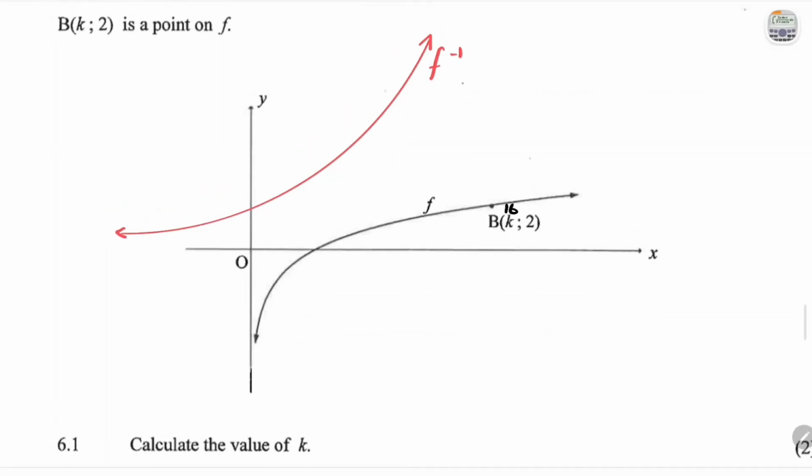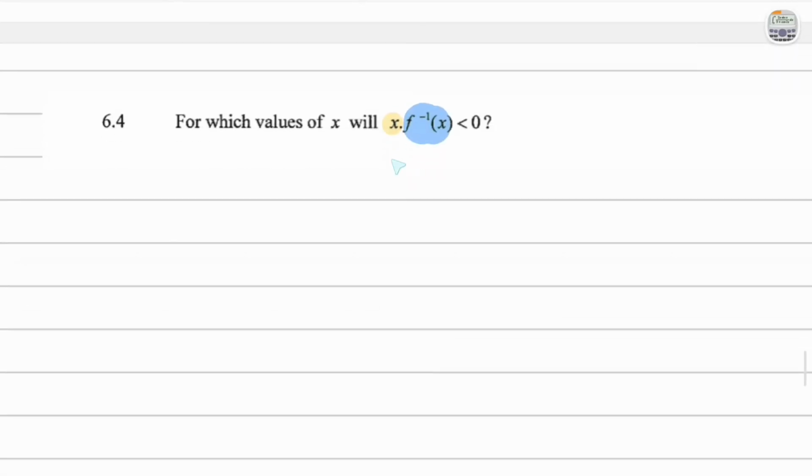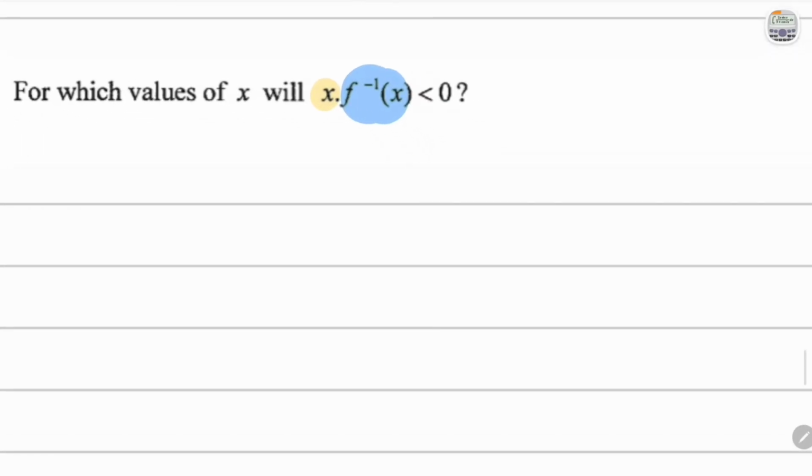Now, the question specifically is, we're going to take the values of x, right? And we're multiplying it with the y values of the inverse. And they need to give us a value less than 0. Here are the situations where this could happen. It's either that the x values, and you're going to focus on the x-axis for this, were positive and they multiplied by negative y values of the inverse to give you a value less than 0, a negative value.